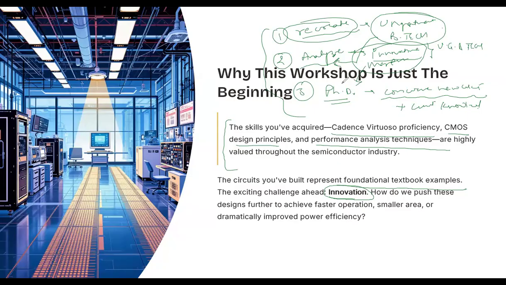But in a PhD, we want you to create a new circuit, devise something for the technical industry, and add something to the current knowledge. If you achieve some objectives of your PhD, then we feel that you have done something in your degree.